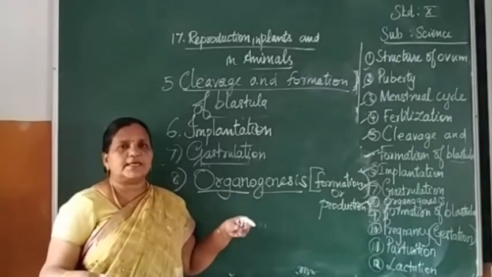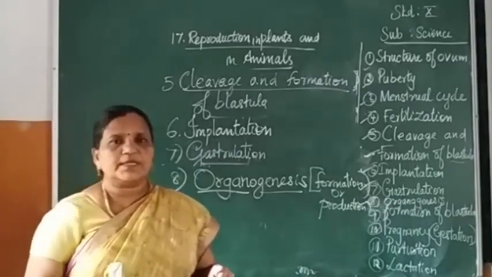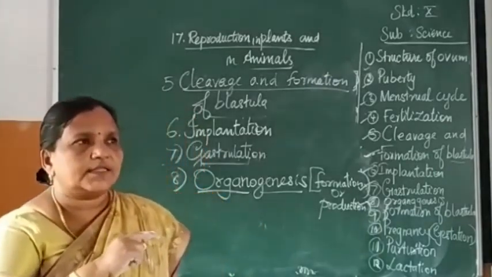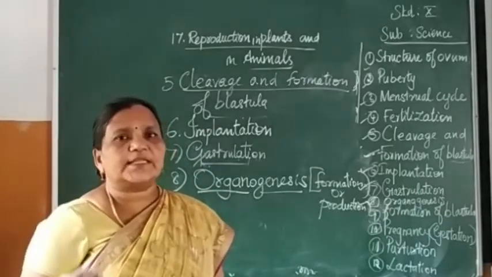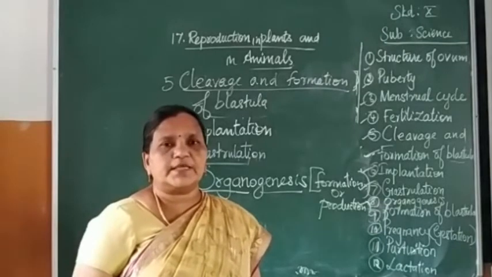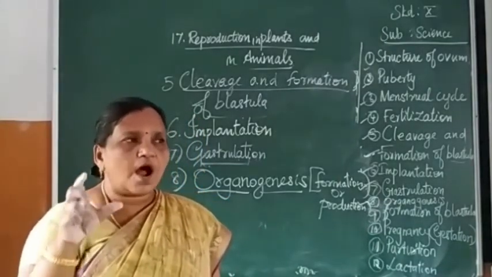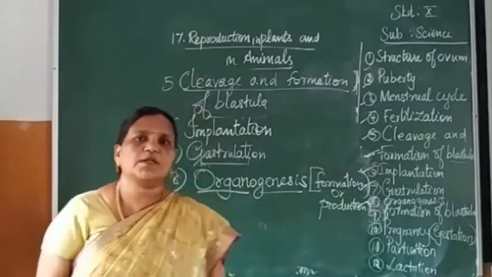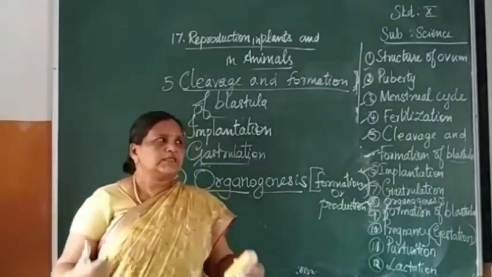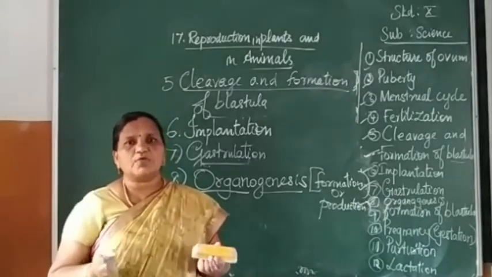Already we have studied the ectoderm, endoderm and the mesoderm layers. So from the ectoderm, all the derivatives and the epidermal layer will be formed. What are the epidermal layers? Outer covering of our body. Skin, nail, hair, everything is included in the outer covering.